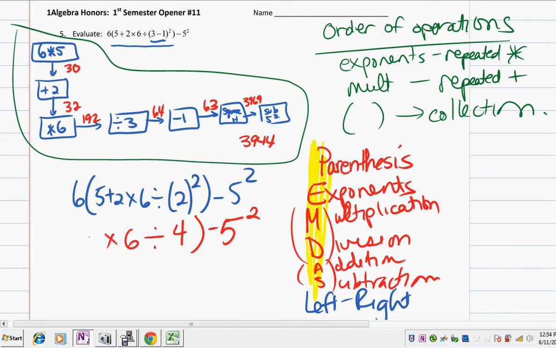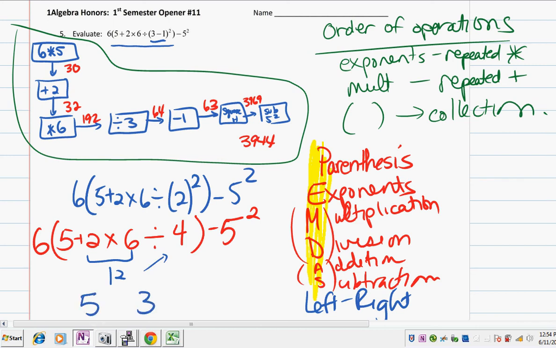And now everything is flattened to the point where I can deal with the next set of parentheses. So within the parentheses, do I have any exponents? No. Do I have multiplication and division? Definitely. So I work left to right on the multiplication and division. So I have 2 times 6, which is 12, divide by 4, which is 3.